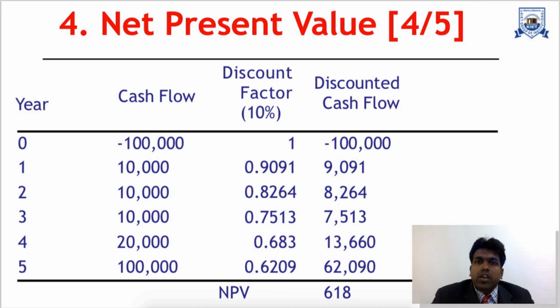And now the next column is showing the discounted cash flow. Discounted cash flow is basically calculated by multiplying these two, that is cash flow into discount factor. So we can calculate it easily.